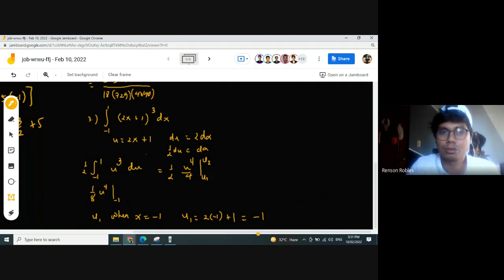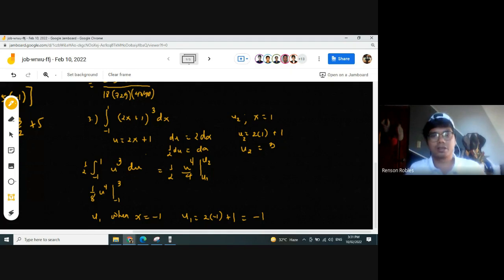And then u2, I will just write it here. u2 is obtained whenever x is equal to 1. Okay? So u2 is 2 times 1 plus 1. So the new limits are negative 1 and 3.